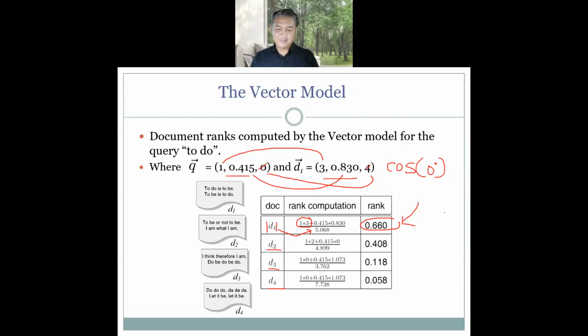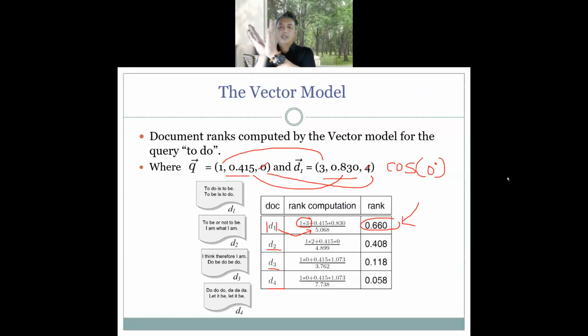If you can find the answer, we can go home. What is that value? Cosine 0 degree. It is 1, right? Does anyone answer?